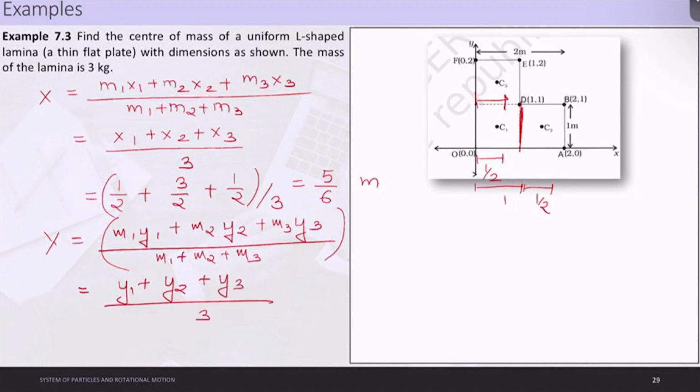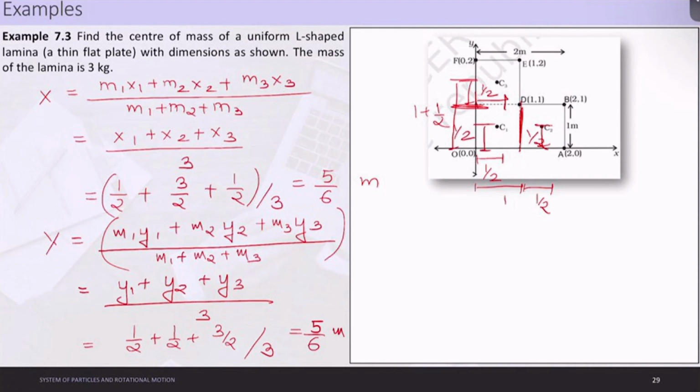What is the value of y1? It's 1 by 2. y2 is also 1 by 2. y3 will be equal to 1 plus 1 by 2, because this is 1 and this is 1 by 2. So it's 3 by 2 divided by 3. Therefore, this will again be 5 by 6 meters only.